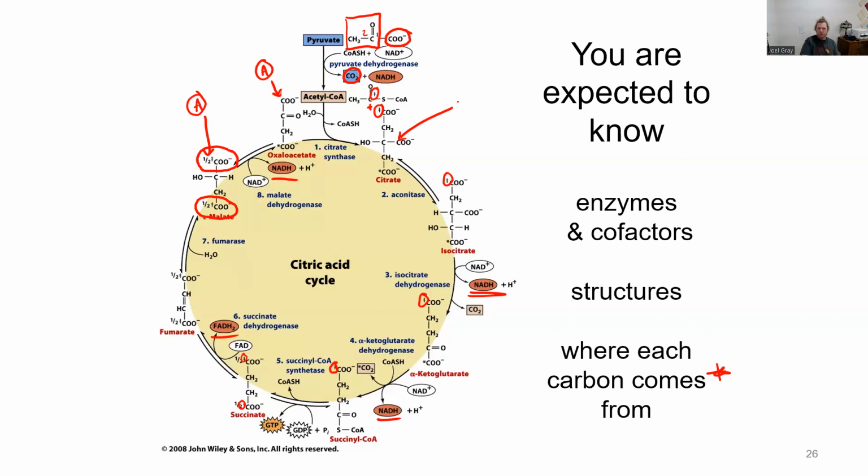That ends up right here. That remains right here. So this is basically running through the citric acid cycle for a second time. And that label is going to be lost at step number 3.